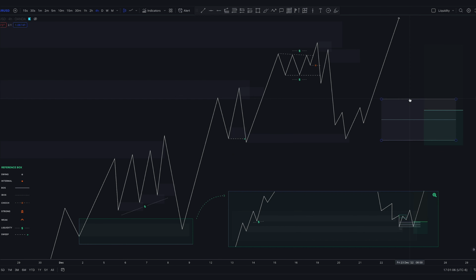So what I do is, because I have a max pip for the stop loss at 6 pips. So my max pips for the stop loss is 6 pips. So sometimes if the candle is too big, I will draw my, let's say I have a candle right here, right? So I draw my zone, correct?